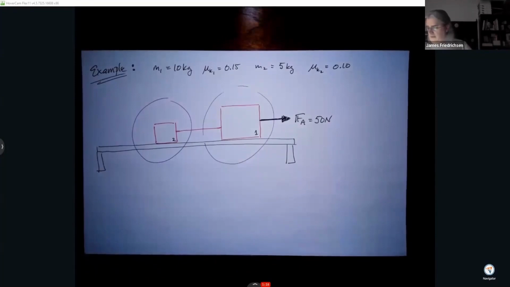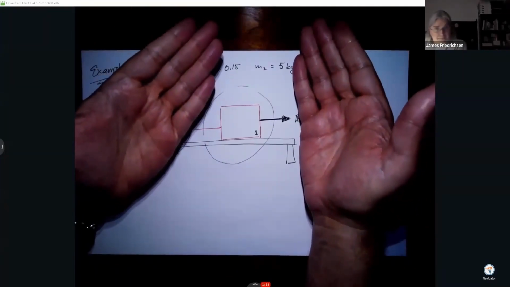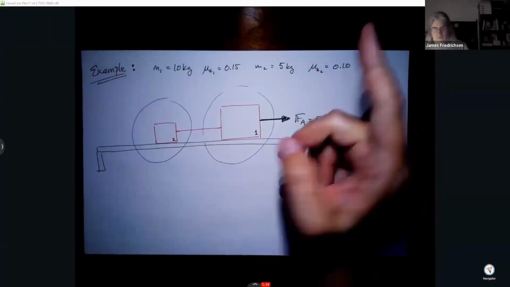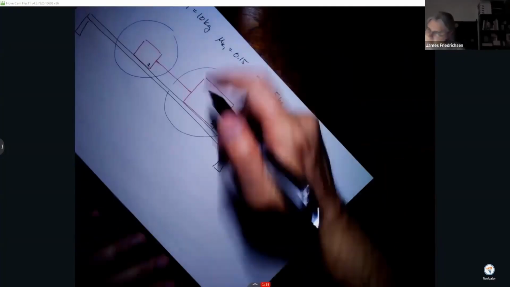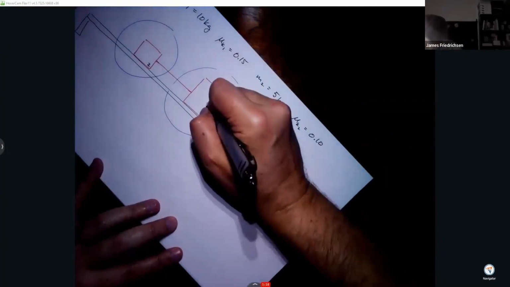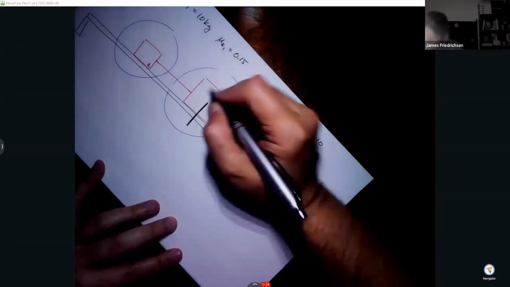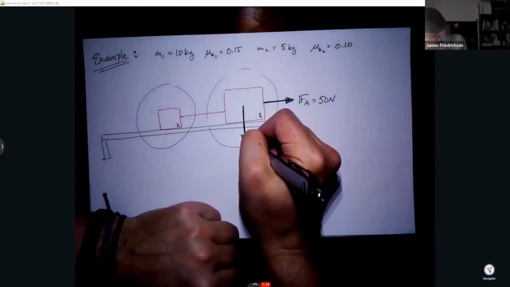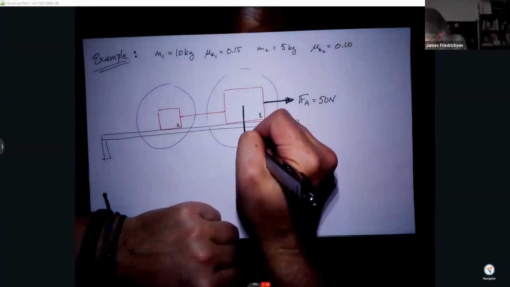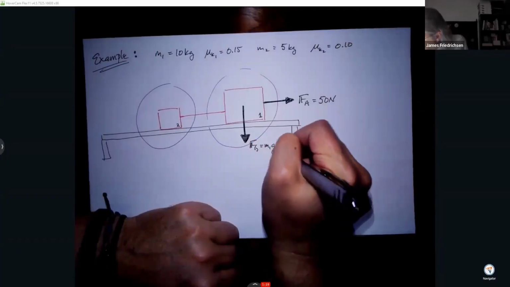Okay. And so we're going to identify all the forces on box 1. Our first force should be, well, let's start off with gravity. So this is mass 1 times g.